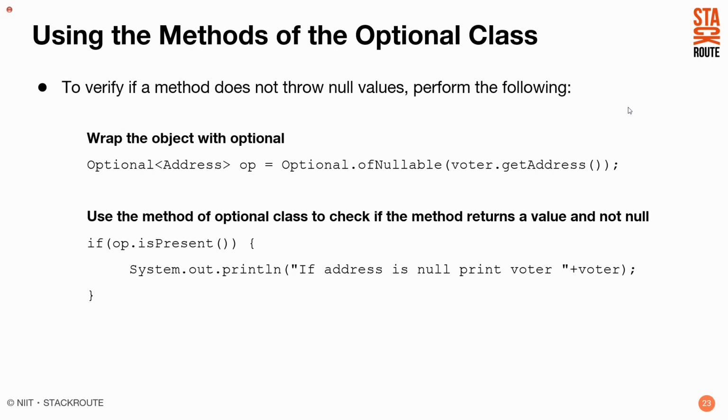So Optional of the type Address or Employee, object name is equal to Optional.ofNullable(outer.getAddress). So what are we checking? We are taking addresses. Out of addresses, we are ensuring that it is not throwing any null values.